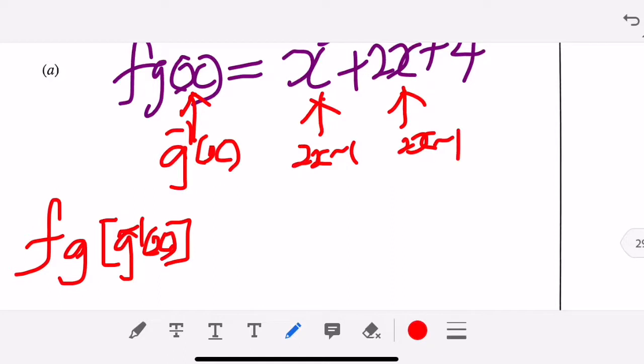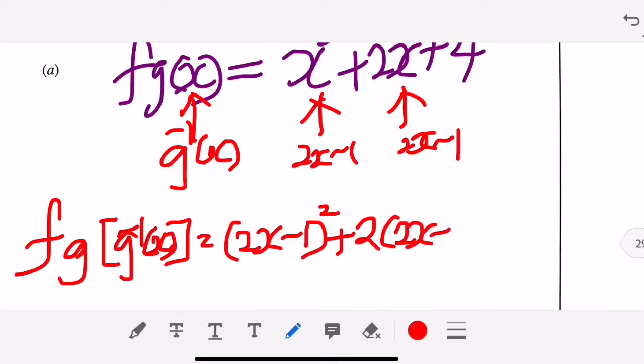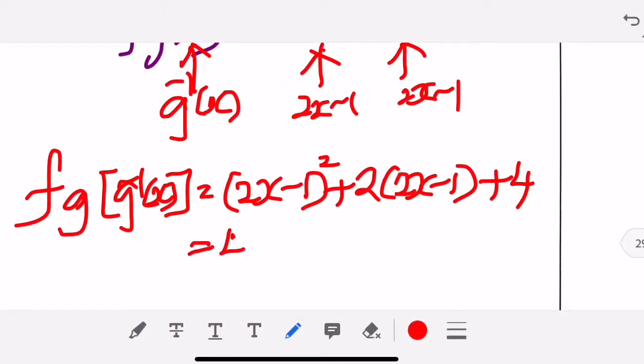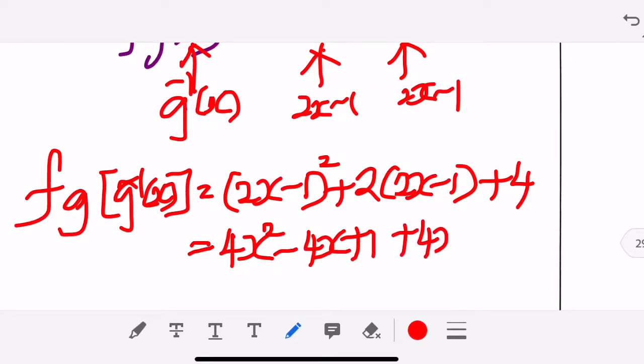Let's do it now. So it becomes fg(g inverse(x)) equal to (2x minus 1) squared plus 2(2x minus 1) plus 4. Then you just simplify and you get the answer. So get 4x squared minus 4x plus 1 plus 4x minus 2 plus 4.